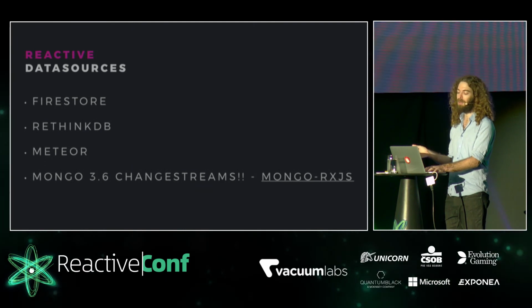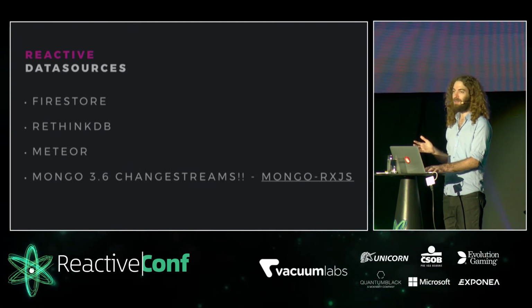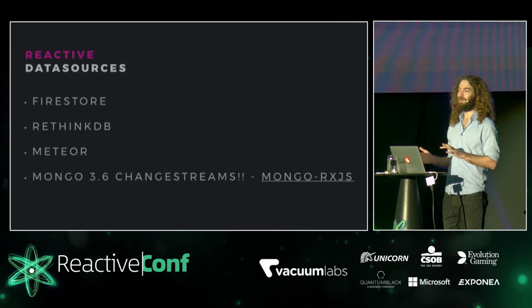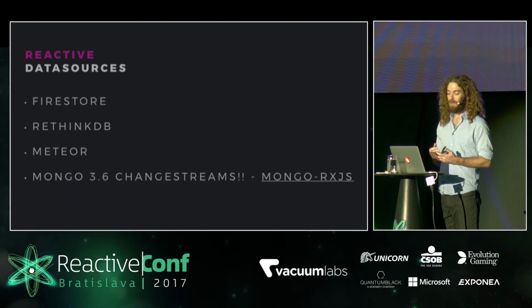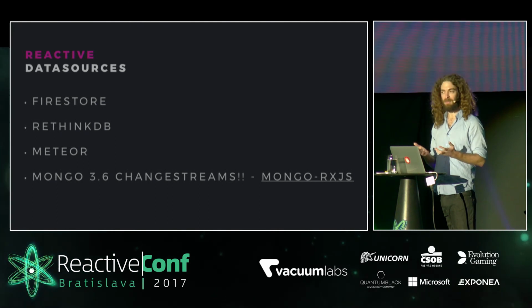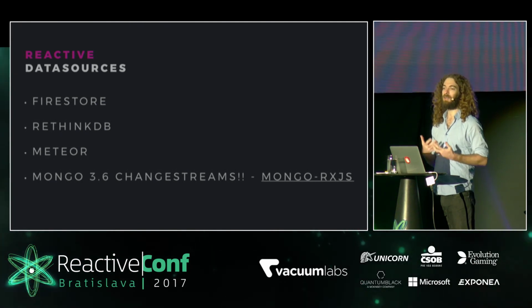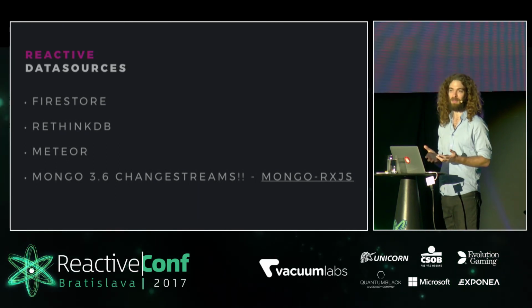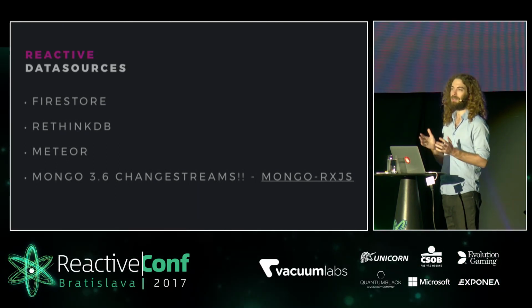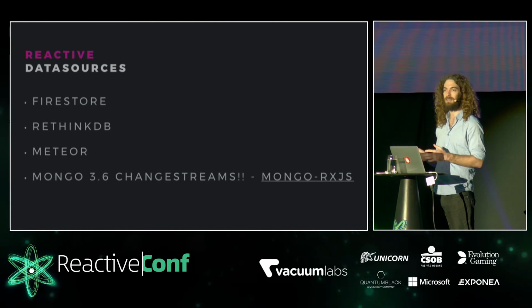You can use RethinkDB, you can use Meteor, but then there's a new thing, and this is the first time I'm talking about it: Mongo 3.6, I don't know if you heard, is going to come out with a new change stream ability, kind of like what RethinkDB is doing. It's very new, and it's in RC0.